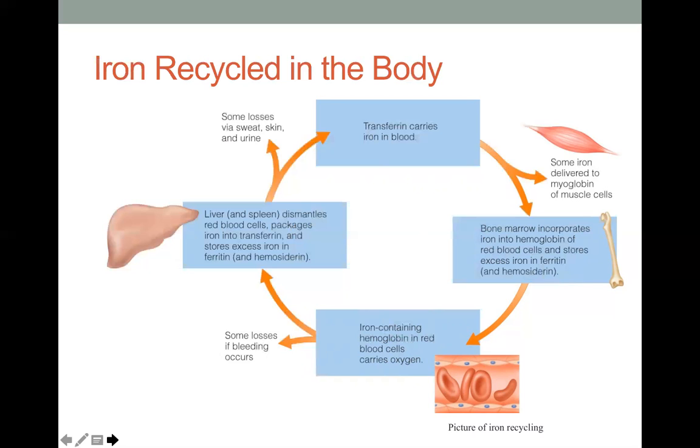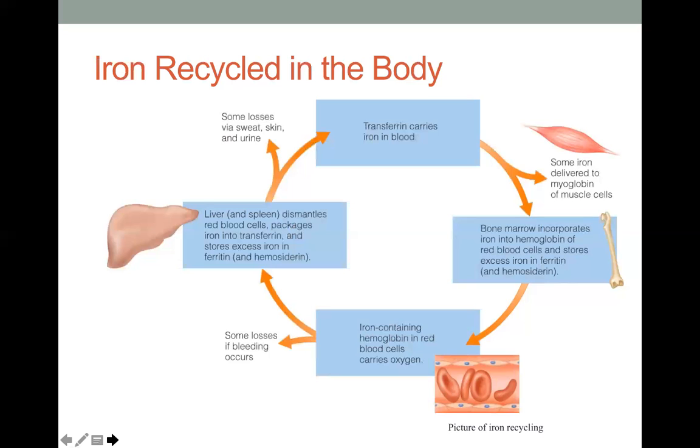That iron goes to ferritin. Ferritin will transfer it to transferrin. Transferrin will carry it in the blood. It will go to the muscle cells to be used in myoglobin. The bone marrow will use the iron to incorporate into the red blood cells. That's where the red blood cells are made. The red blood cells will be circulating in the bloodstream and can carry oxygen.